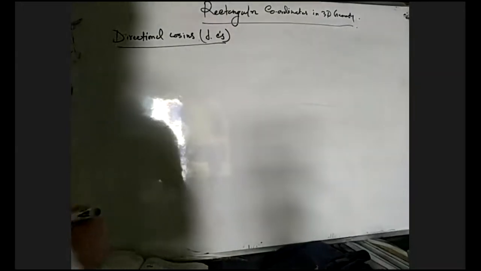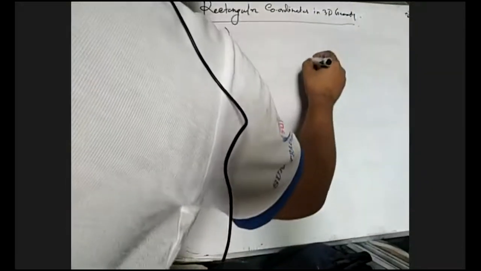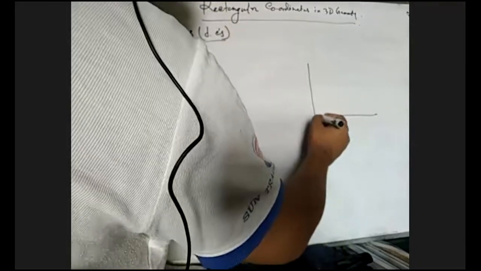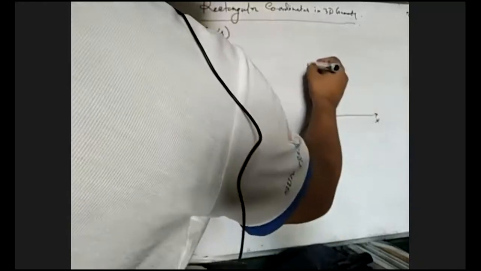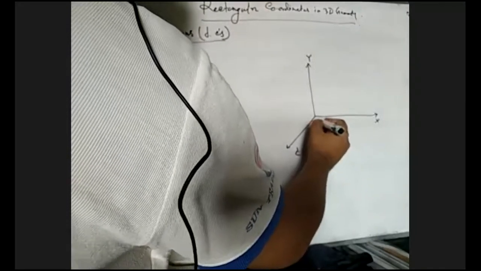Okay, directional cosines. What will be the directional cosines? Suppose this is the X axis and this is the Y axis and this is the Z axis. Here is the origin.